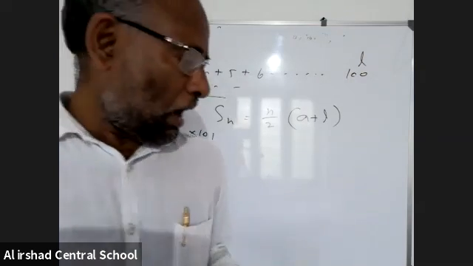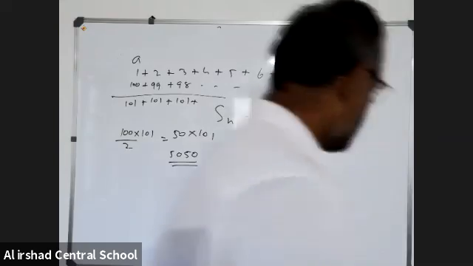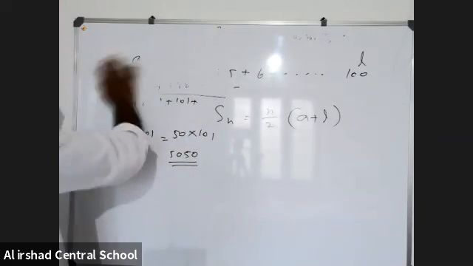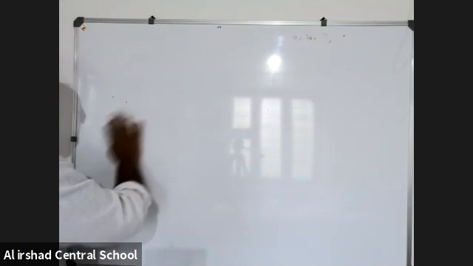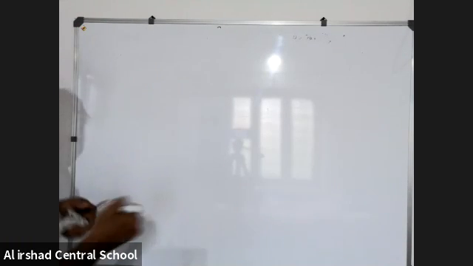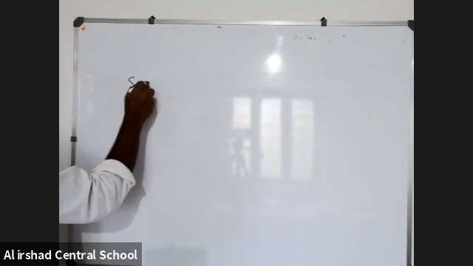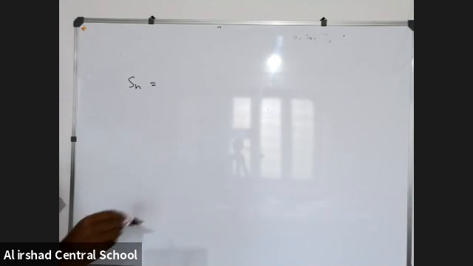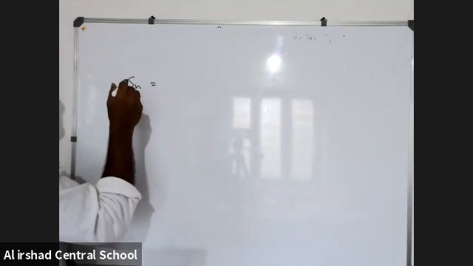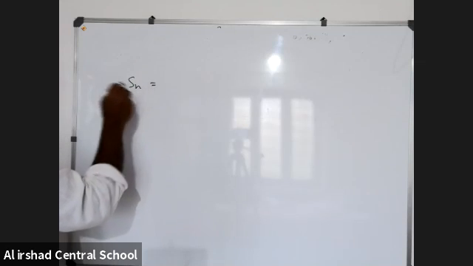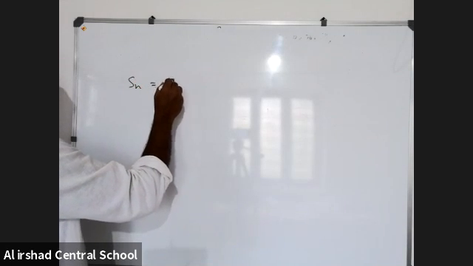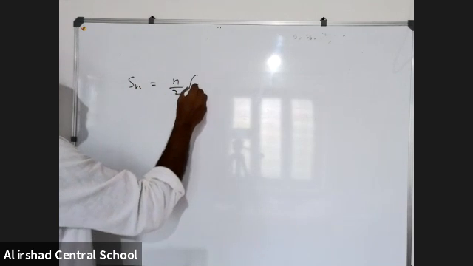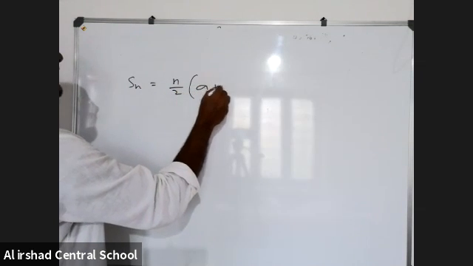Our time is going to end. All of you write the formula first. Sn is equal to sum of n terms. Only 2 minutes, ma'am. The other teacher has to take the class. Sn, the sum of n terms, is equal to n by 2 into a plus l.